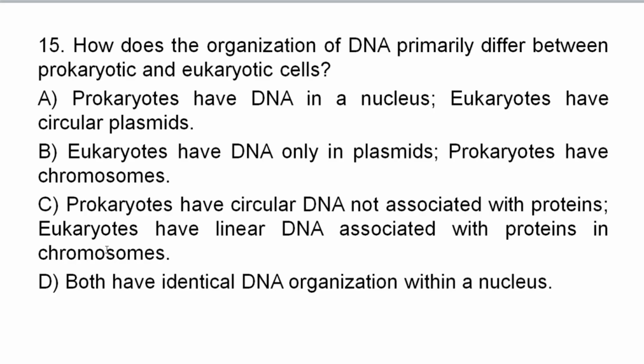Question number 50. How does the organization of DNA primarily differ between prokaryotic and eukaryotic cells? A. Prokaryotes have DNA in a nucleus. Eukaryotes have circular plasmids. B. Eukaryotes have DNA only in plasmids. Prokaryotes have chromosomes. C. Prokaryotes have circular DNA not associated with proteins.